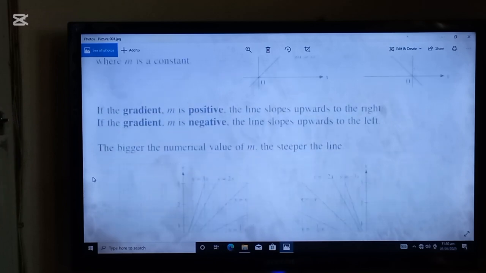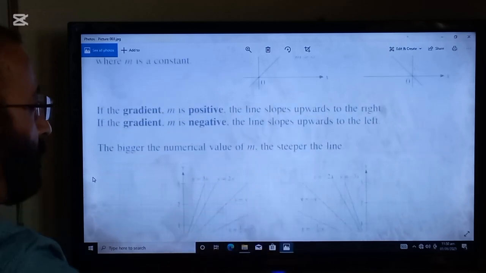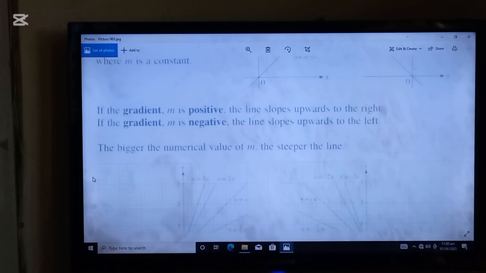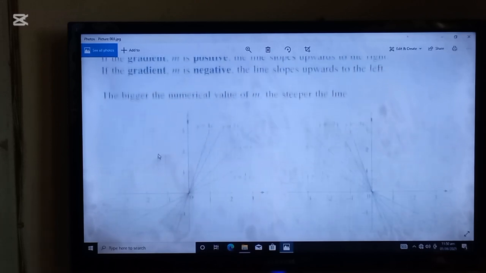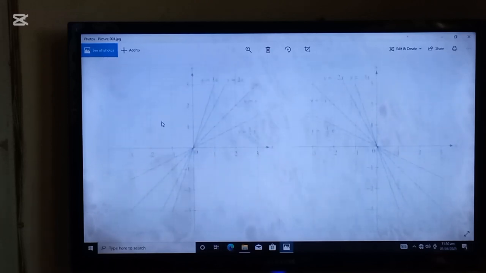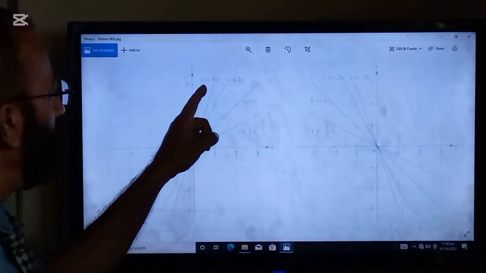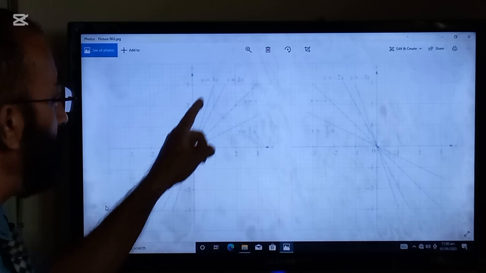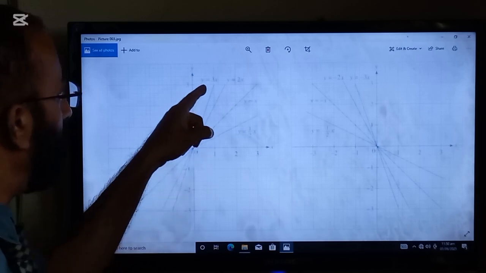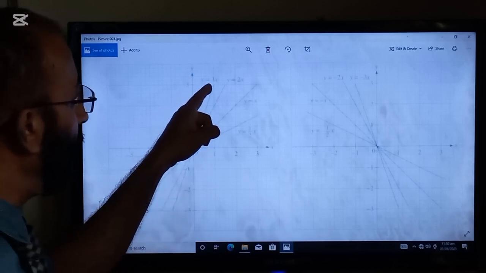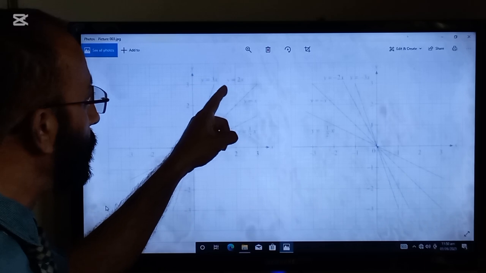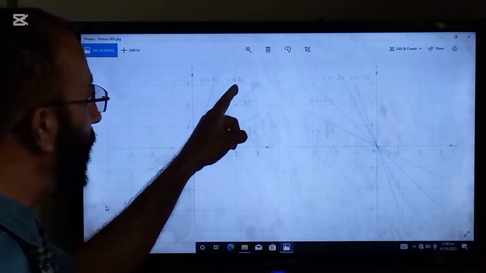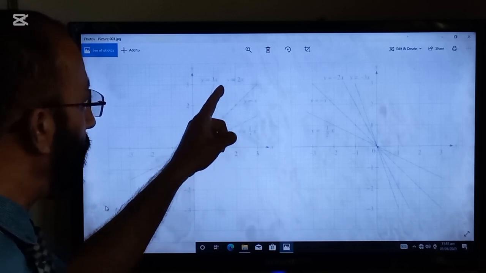The bigger the numerical value of m, the steeper the line. This is a very important point. Look now. The greater the value of m, look now. For example, y = 3x. The value of m is 3. Look at the steepness of the graph. If the value is now lesser, that is 2, so if the graph is y = 2x, the value of m is 2.